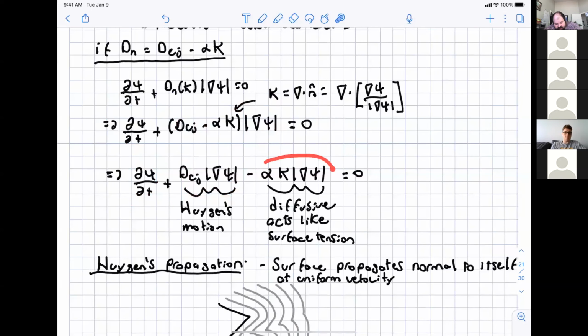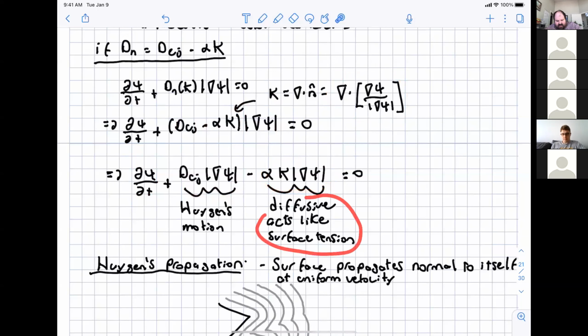This term here, it becomes more apparent if you expand it out, but this is a curvature term. It's diffusive, and it acts like surface tension in fluid mechanics.